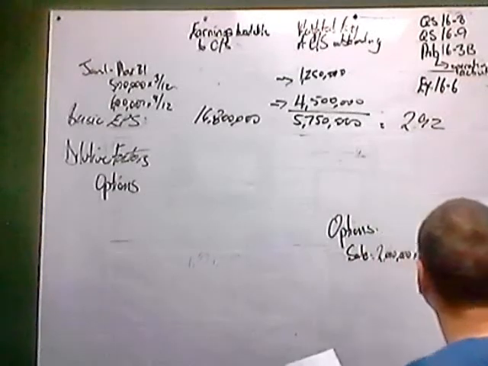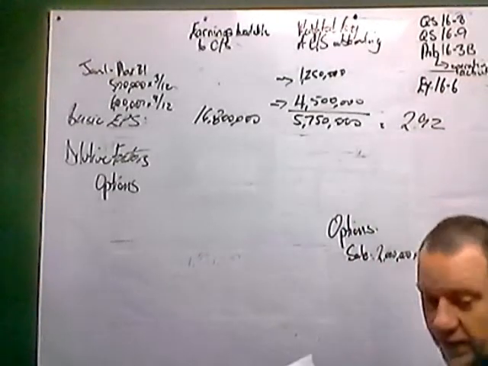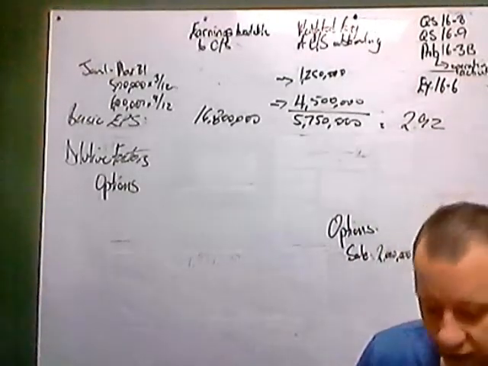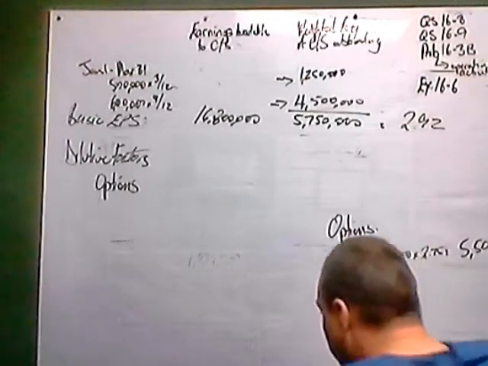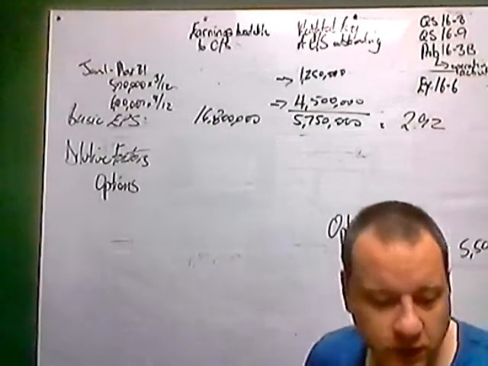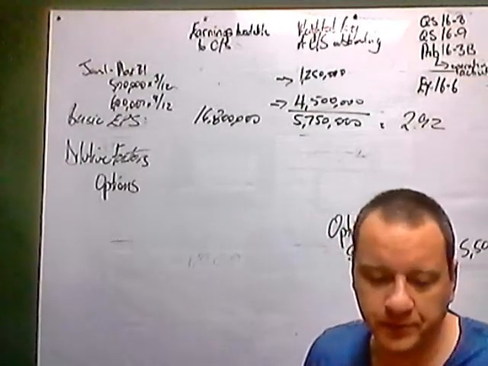What's that going to give us? 2.75 times 2 million equals 5,500,000.